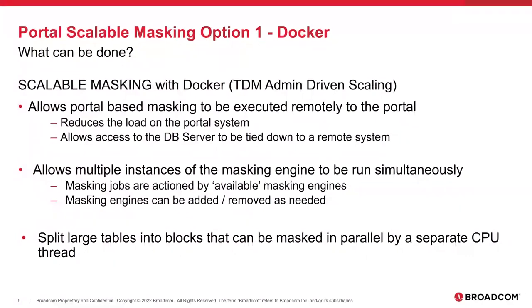At the same time, by doing this scalable masking with Docker, you can scale out and, of course, scale back as and when needed, which means you can add masking engines to accomplish large tasks if you have to mask a large volume of data, and you can remove those masking engines once the task has been done.